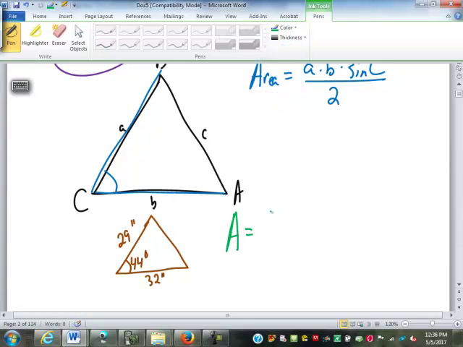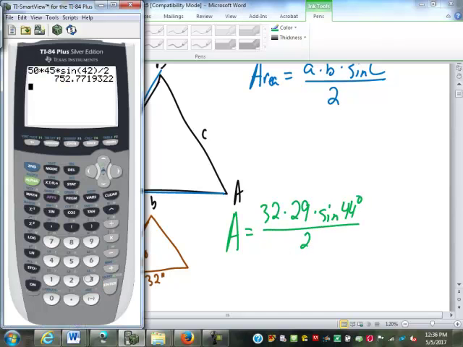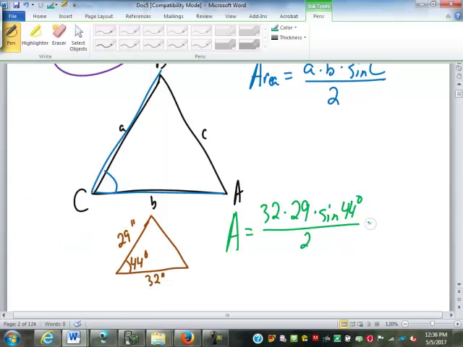Well, the area is going to be 32 times 29 times sine of 44 degrees divided by 2. So I'll punch it in the calculator. It's 32 times 29 times sine 44. Make sure you close that parentheses again. Divided by 2. 322.232. Those lengths are in inches, so that's inches squared.